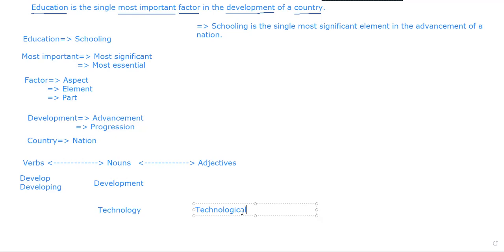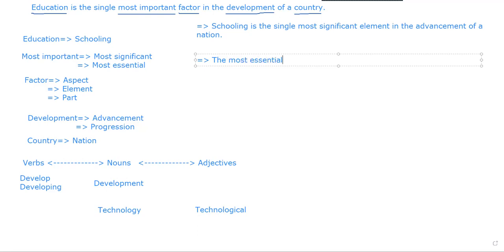Okay, so now let's take a look at the introduction that we can write by using both the first strategy using synonyms and the second strategy using changing the structure of the sentence. Okay, so now the most important factor, we use the most significant, so maybe we are using, sorry, the most essential.